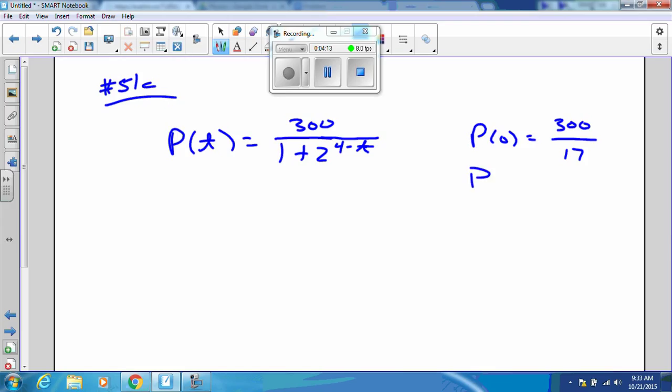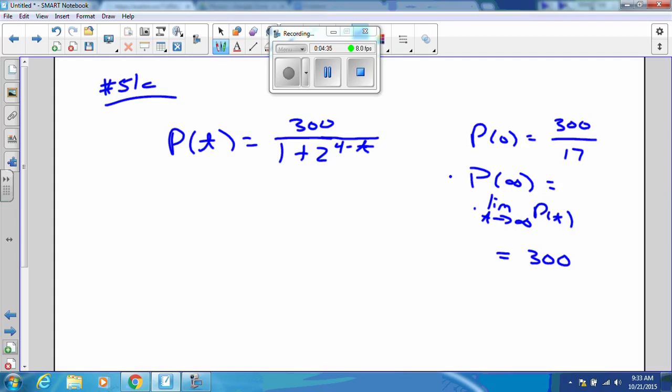And I would try to look at P of infinity, which is really the limit as t goes to infinity of P of t. A physicist would write that, a mathematician would write that. When I do that, I would get 2 to the negative infinity down here, which is 0. And that would give me 300.